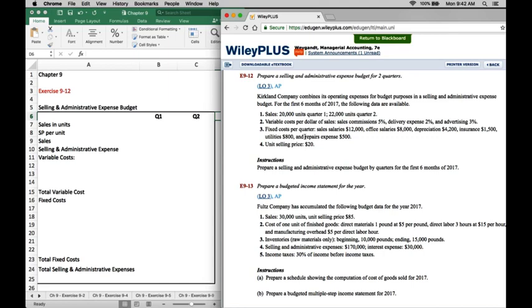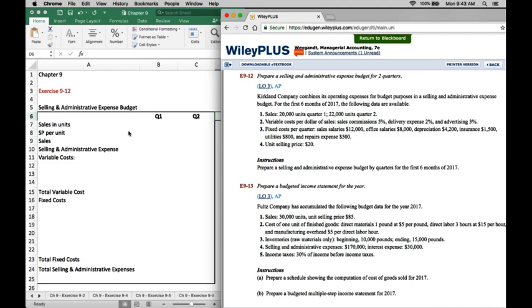The fixed cost per quarter is sales salaries, office salaries, depreciation, insurance, utilities, and repair expense. The unit selling price is 20. They've asked us to prepare the selling and administrative expense budget by quarter, which means quarter 1 and 2 for the first 6 months of 2017.